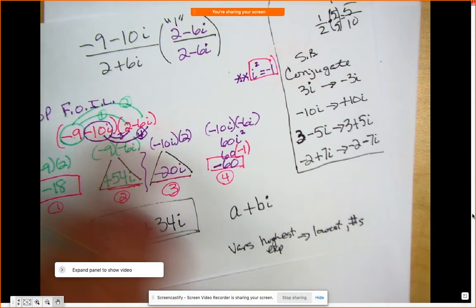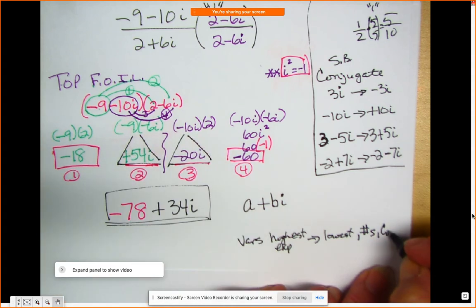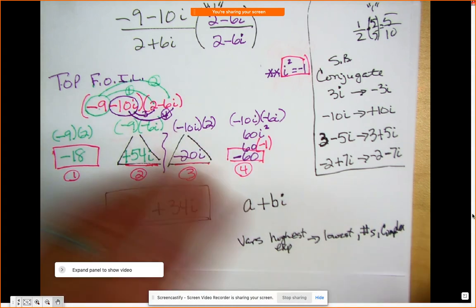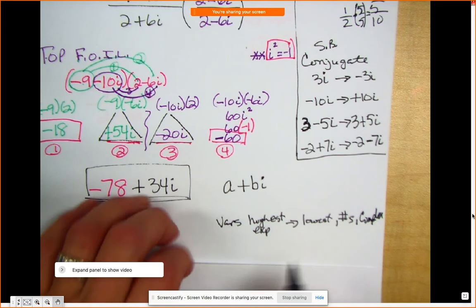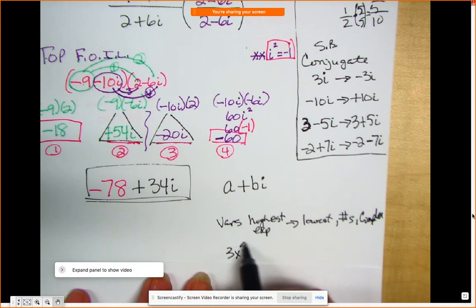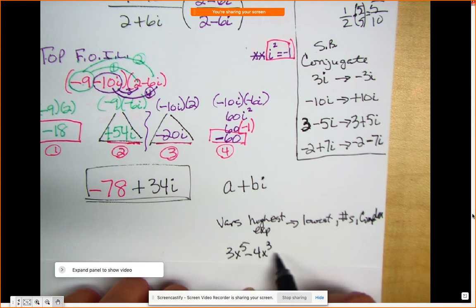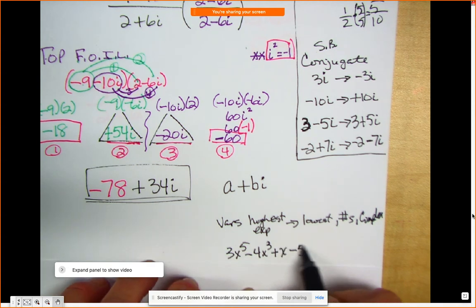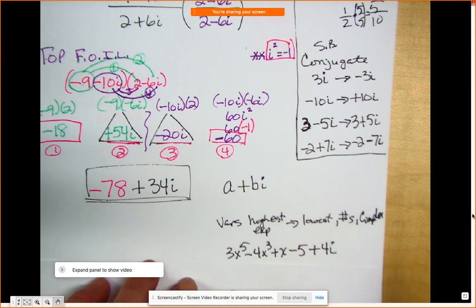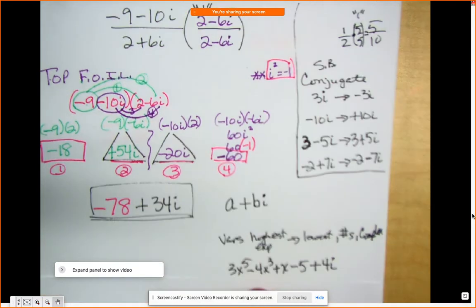Then you have imaginary or complex. We'll say complex because it could be square roots. It could be i. So you would have something like this, 3x to the fifth minus 4x cubed. Notice the fifth is first, then the cube, and then plus x minus 5. And then you would say something but plus 4i. The complex numbers come at the end. That's just political correctness or mathematical correctness.